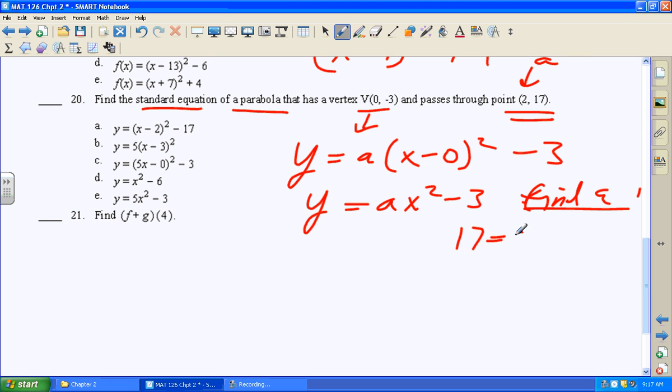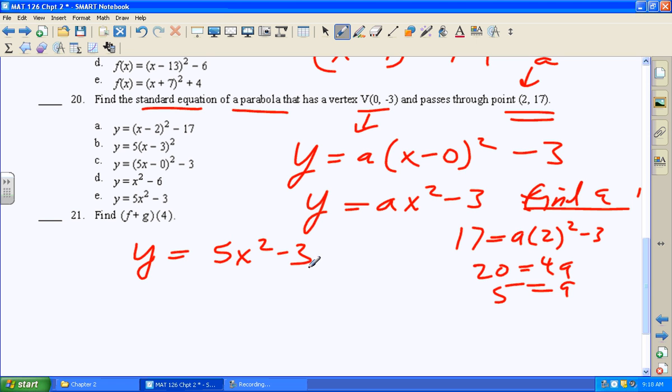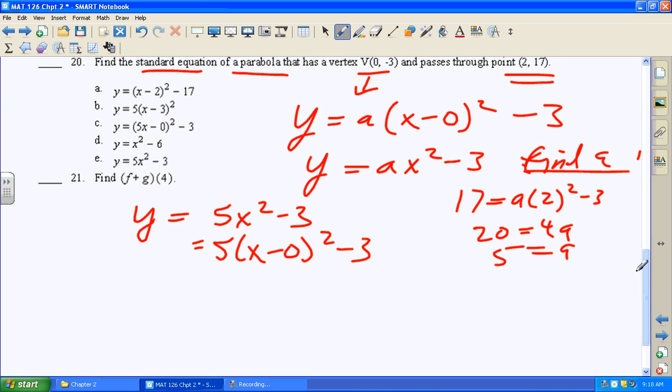17 equals a times 2 squared minus 3. 20 equals 4a. a equals 5. So the answer should give you y equals 5x squared minus 3. Or you can still keep the 0 if you want to. Minus 0 squared minus 3. Either way, it's the same thing. Okay.